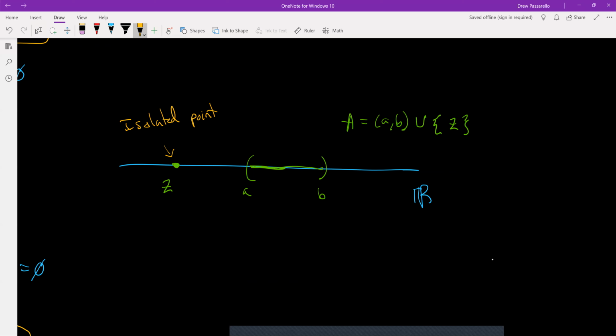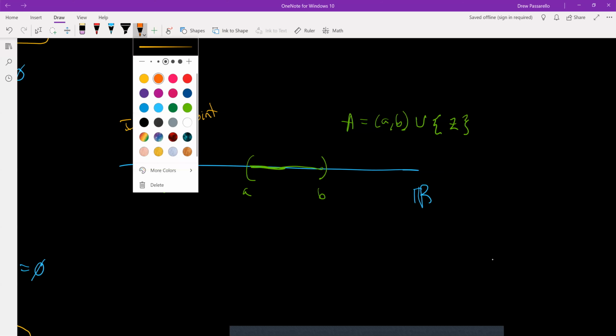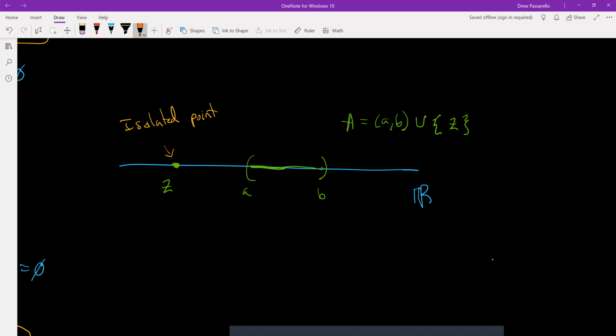So if we draw a delta neighborhood around Z, let's say this is my delta neighborhood.